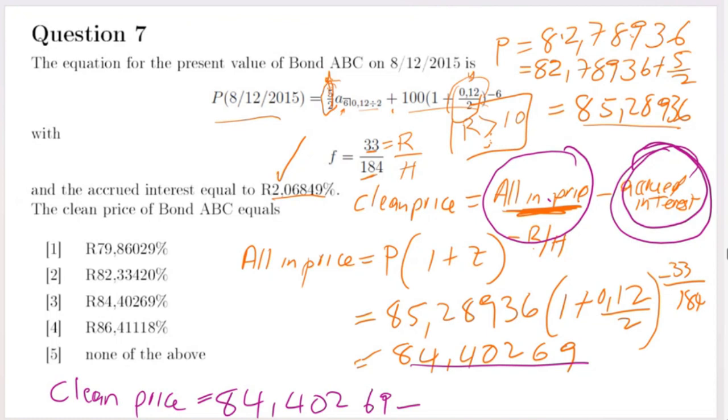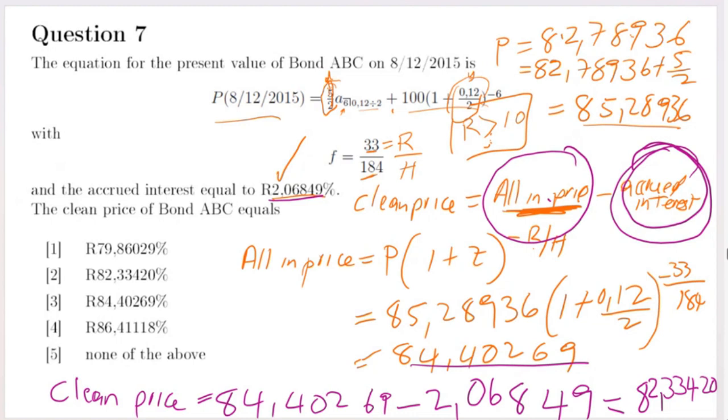I don't need to calculate it. It's given to me. It is 2,06849. Then my answer there is going to be 8,233,420. Then you've got the percentage or whatever.